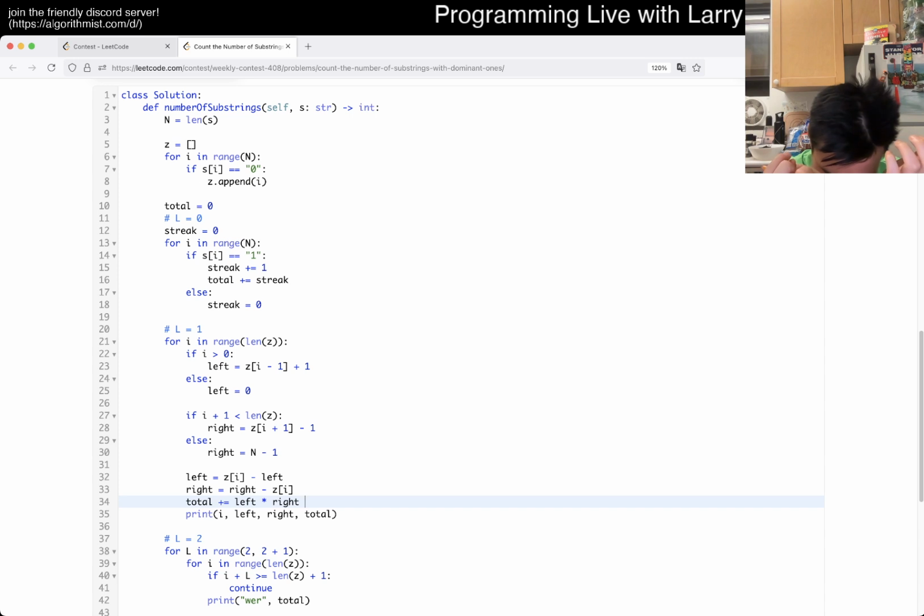Minus where left plus right is less than, which is, how many cases are there? It's like an n choose 2.